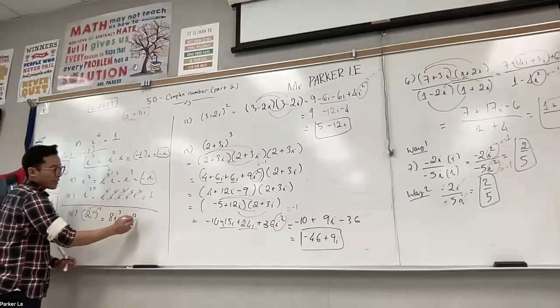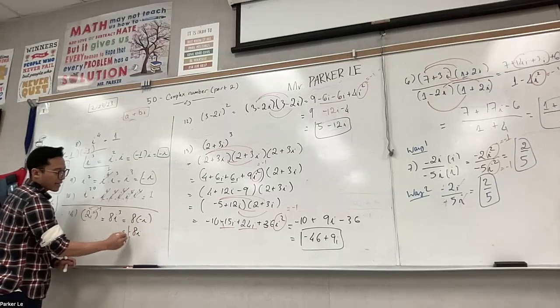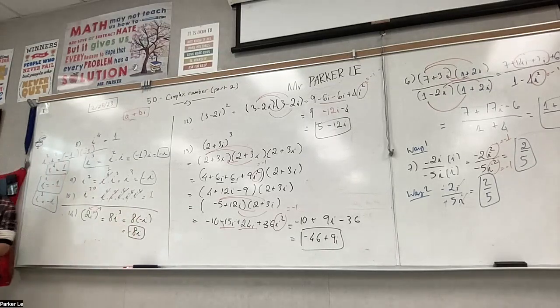So 8 times negative i is negative 8i. Yeah, that's it.